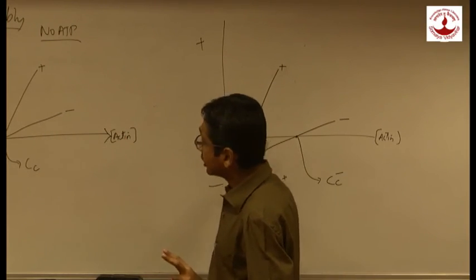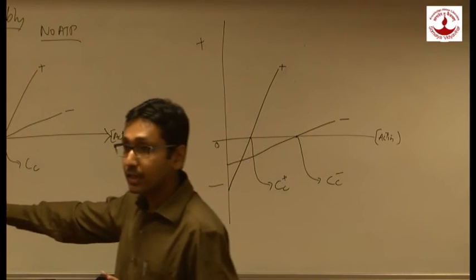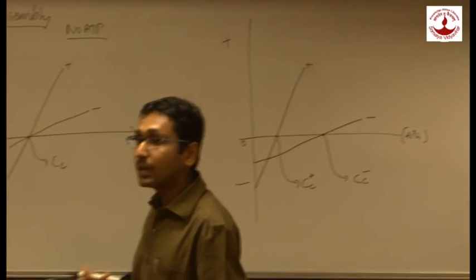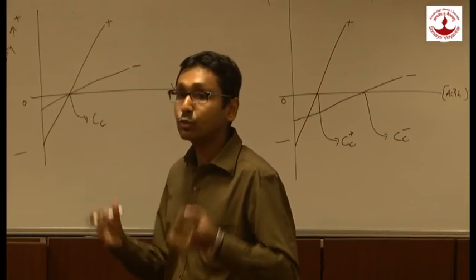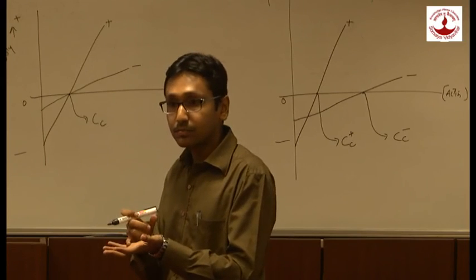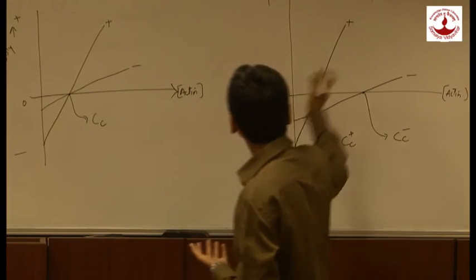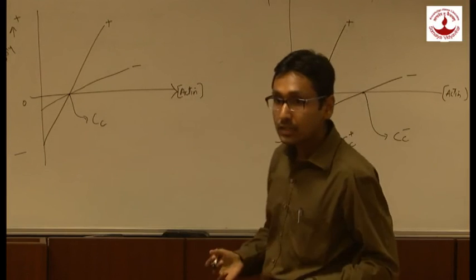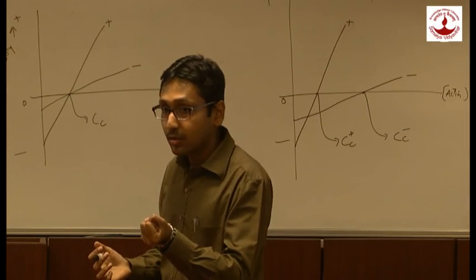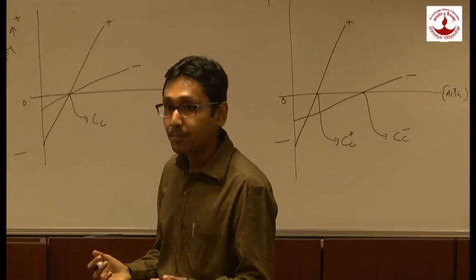You cannot find this in a system where there is no ATP. So ATP allows the two ends to behave independently and thereby have two different critical concentrations. And it is an obvious fact that since the assembly at the plus end occurs very fast, the critical concentration required would be very low.